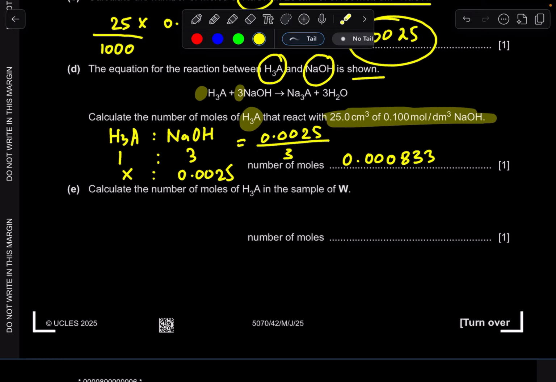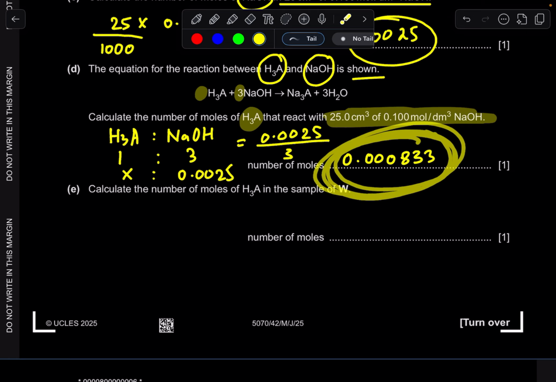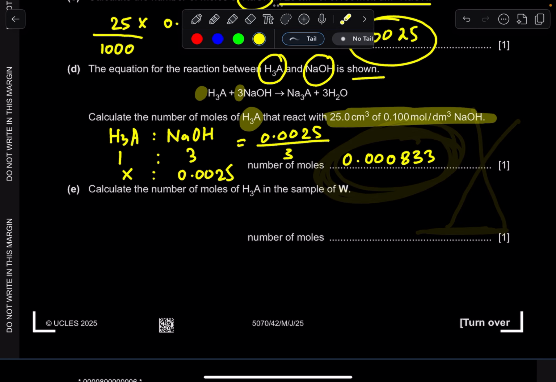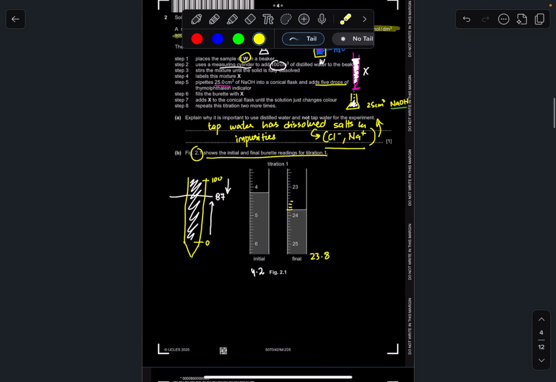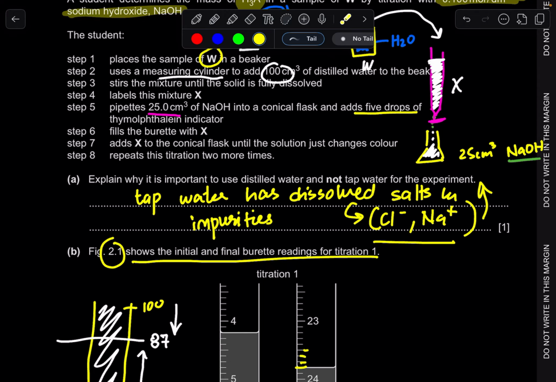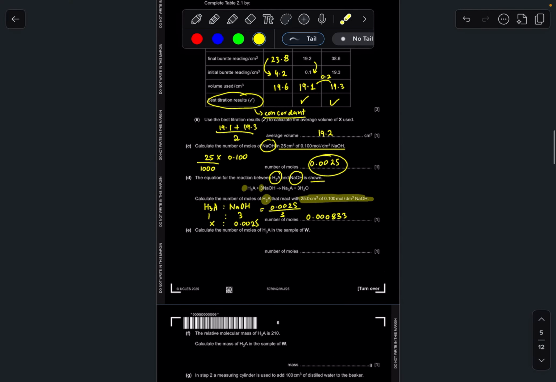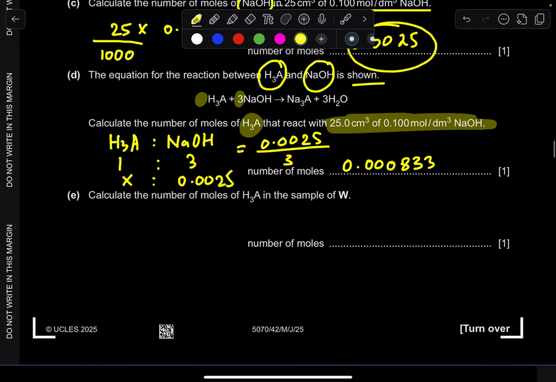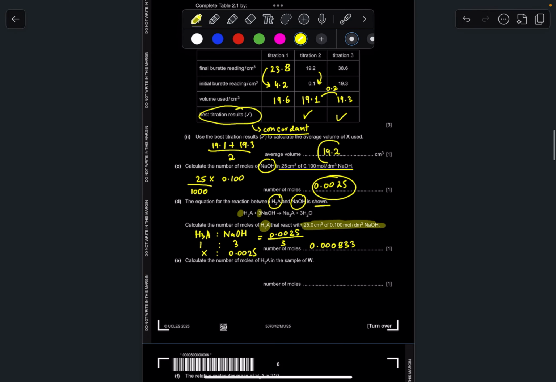Calculate the number of moles of H3A in the sample of W. So these many moles were in a sample, and you need to realize how much we used. The burette reading told us that we used 19.2 cm cube.